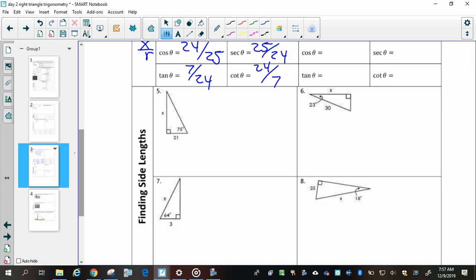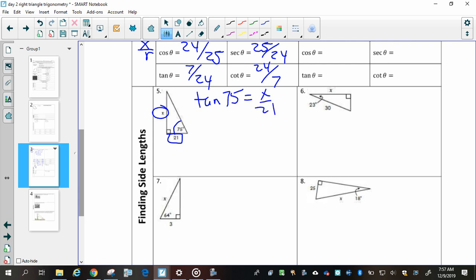Then you have ones like these where you're trying to find a missing side length. Again, shouldn't be too new to you because you've done this before. Using this angle, look at what you have available to you. In this case, I have some side that is opposite and some side that is adjacent. What trig ratio would we use? Tangent. So we would say the tangent of 75 equals x over 21.